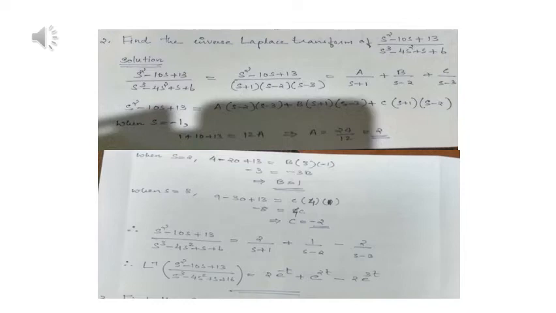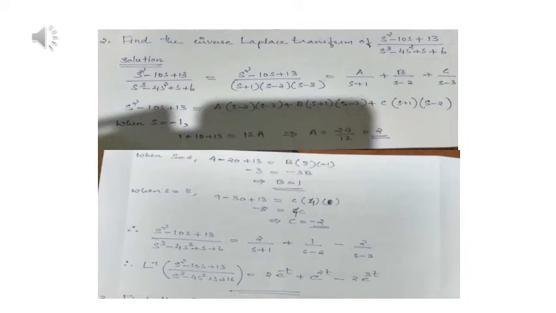Then when we write it as factors, it is s square minus 10s plus 13 divided by s plus 1 into s minus 2 into s minus 3. Therefore the partial fraction is given as a by s plus 1 plus b by s minus 2 plus c by s minus 3. Since it is a third degree polynomial, you have three constants a, b and c.